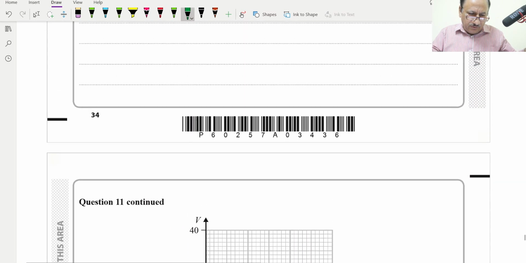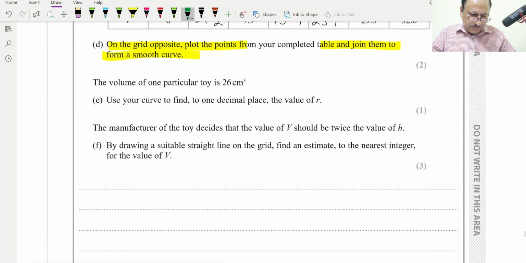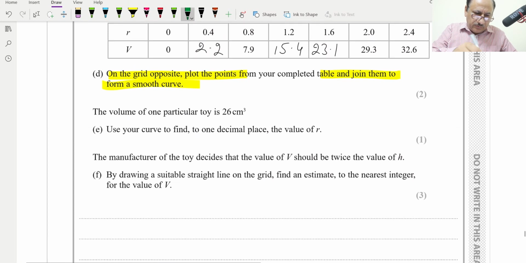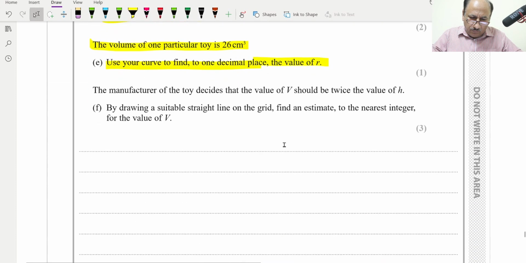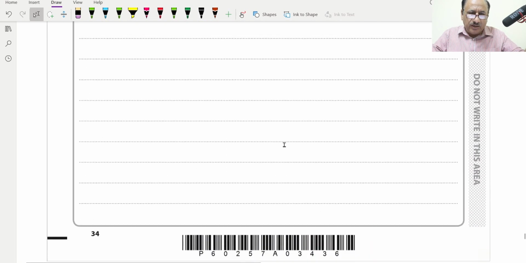Now after drawing this, next value is what? The volume of one particular tie is 26 centimeter cube. Use your curve to find, to one decimal place, the value of r. So the value of r we need to find for the value 26.